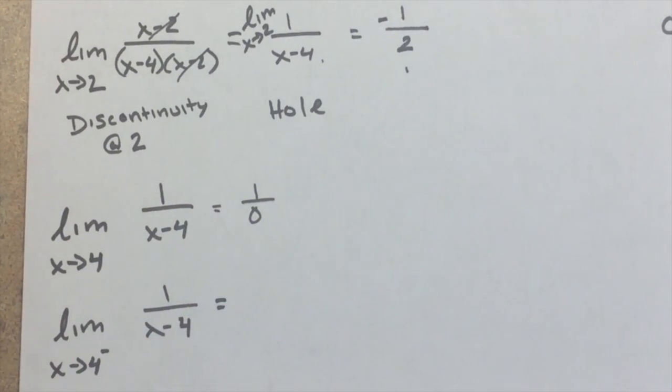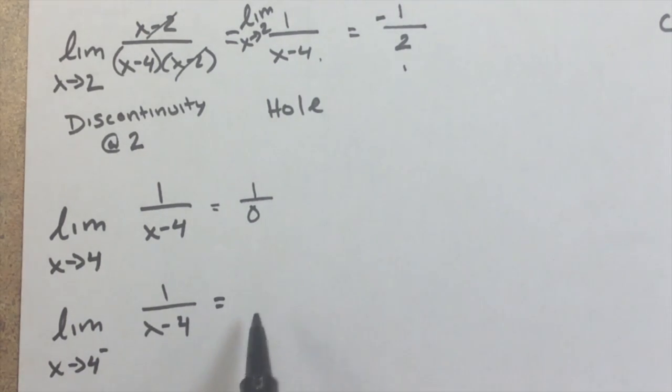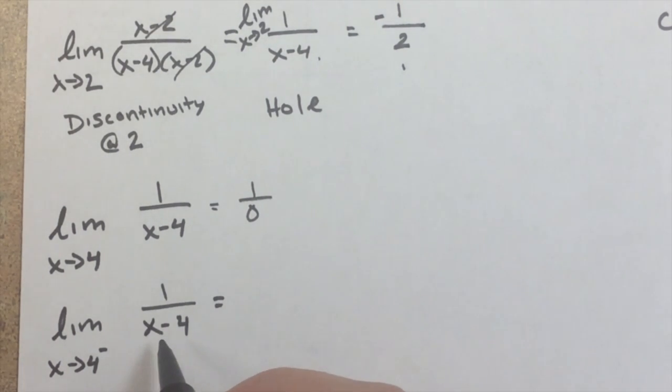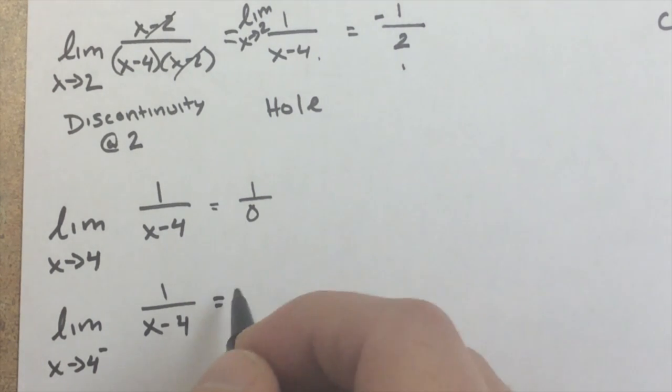If we think about this, if we pick a number to the left of 4, let's say 3, or 0, we're going to get a negative number. And if we get closer and closer to 4, we're going to get more and more negative.